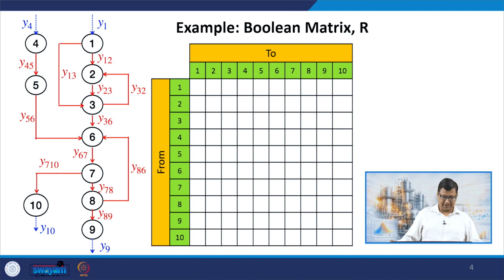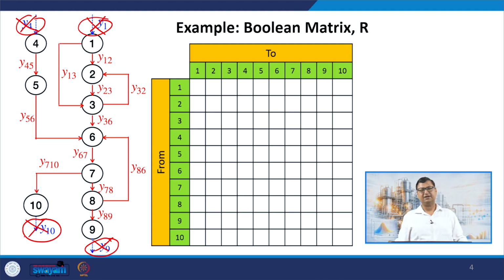Okay. So, we can, for example, begin with doing the Boolean matrix for this particular graph. For the Boolean matrix, as you may recall, the interfaces are not considered. So, we do not consider y1, y4, y9 and y10. In the Boolean matrix, the rows basically represent where it is coming from, and the columns represent where it is going, right.